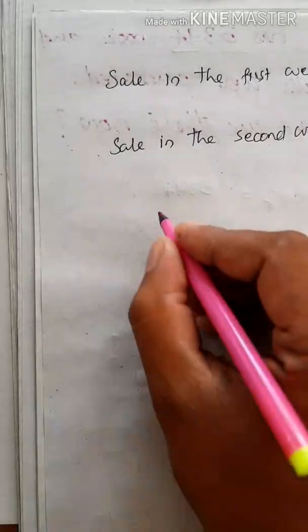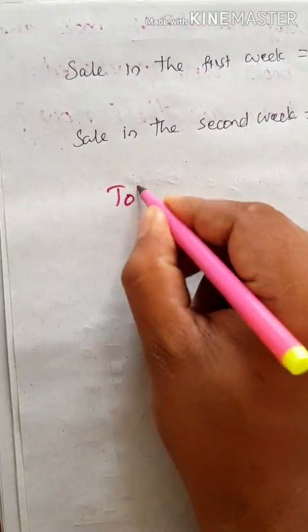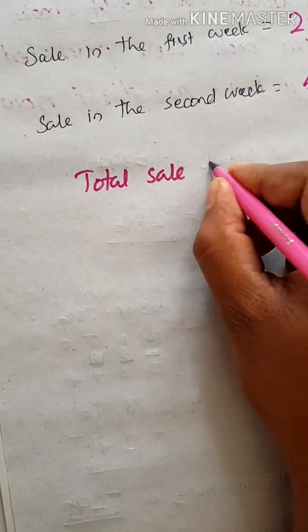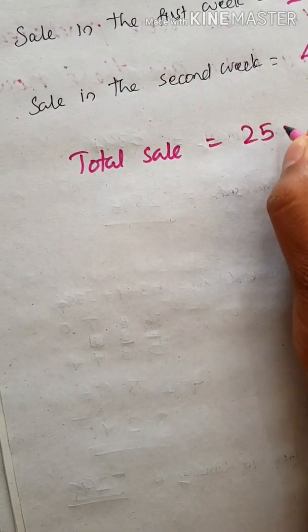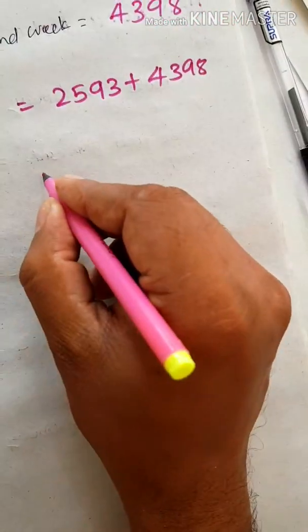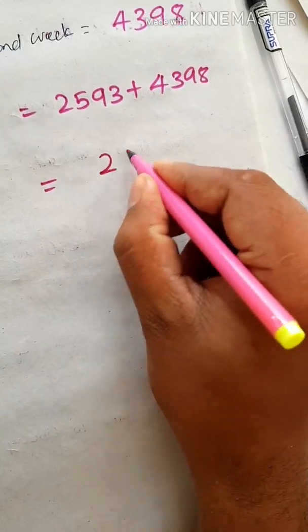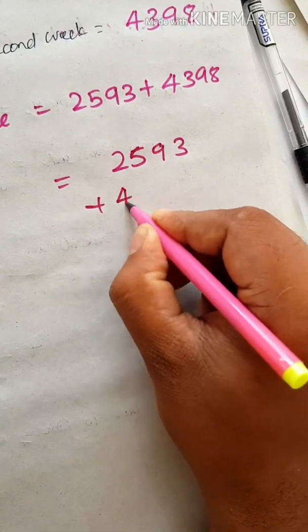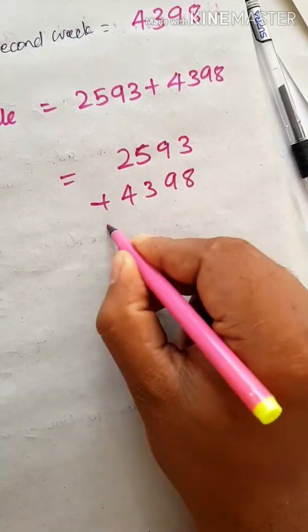So total sale is equal to 2,593 plus 4,398. Let's add like this: 2,593 plus 4,398.